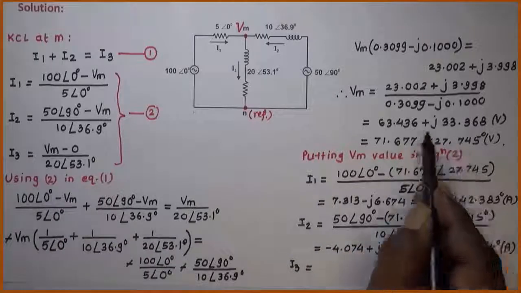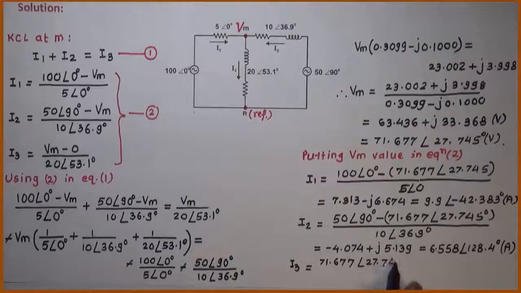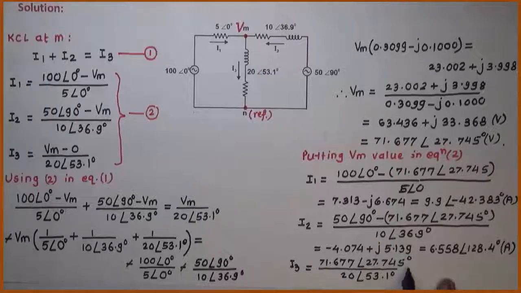Either put this value or this value again. So I put it directly, 71.677∠27.745 divided by 20∠53.1. That is equal to, again you have to use your calculator and find this value.